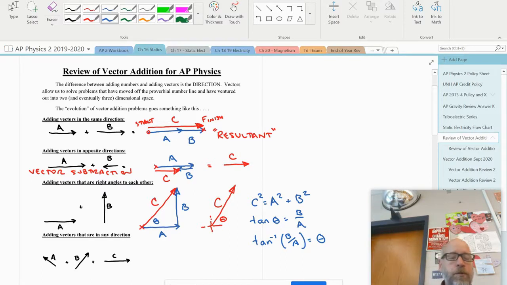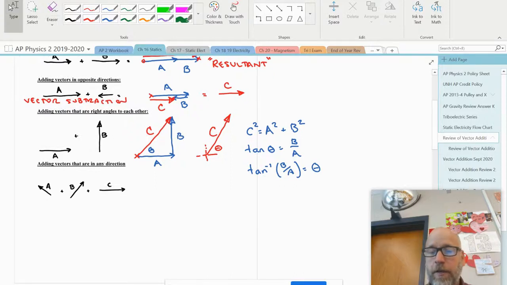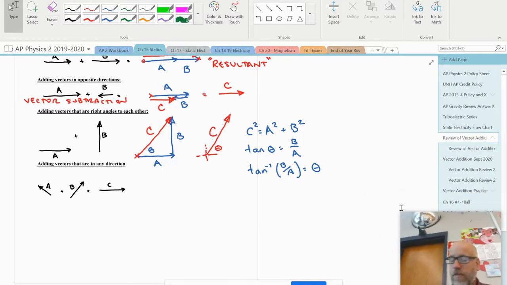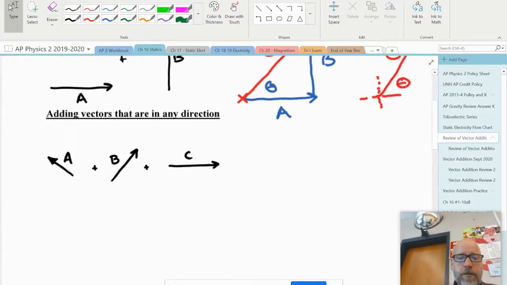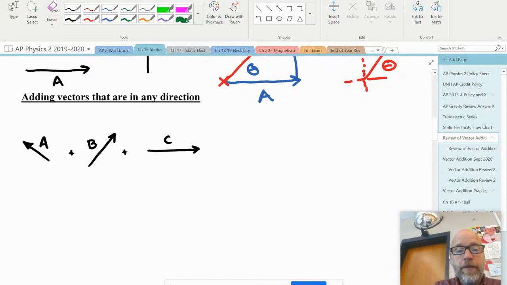Now, those have all been building to this last one, because it's really the last one that is more, it's the interesting one. The other ones are too easy. So here, if I want to add vectors that are in any direction, I still follow the same process. I'm still going to go from beginning to end.